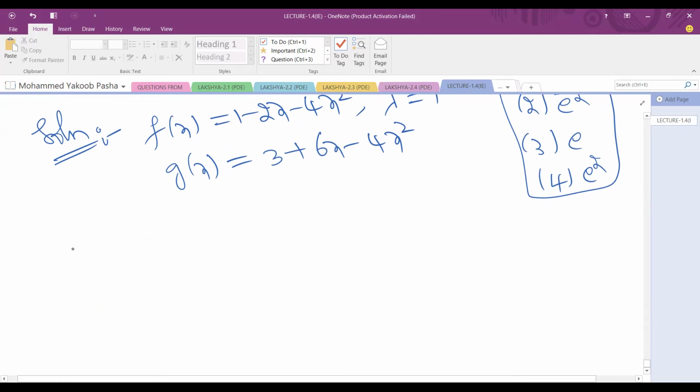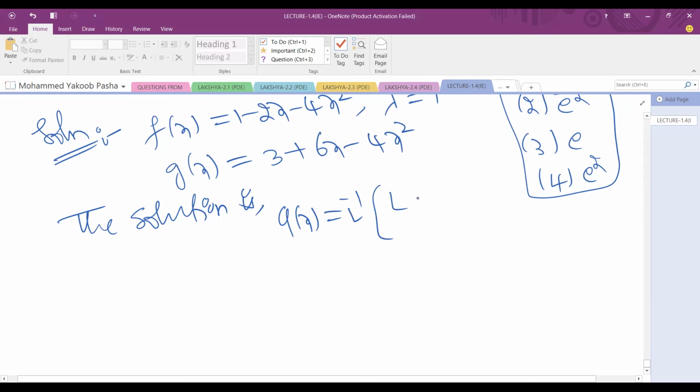Okay. Now the solution. The solution is phi of x is equal to inverse Laplacian of f of x, that is 1 minus 2x minus 4x square, in the denominator 1 minus lambda. What is lambda here?